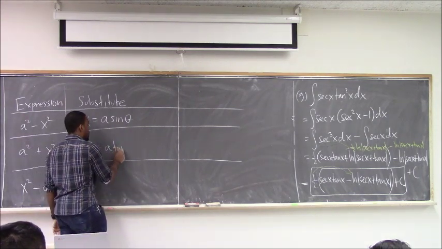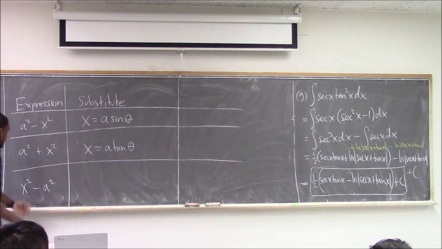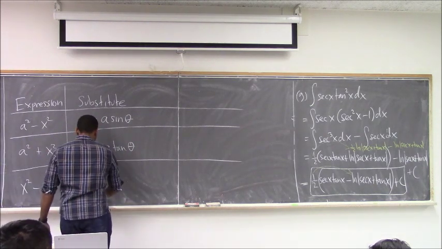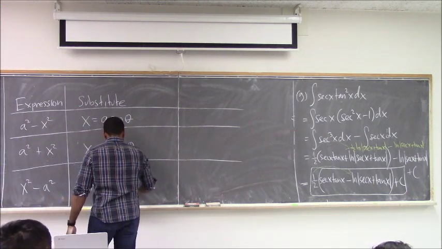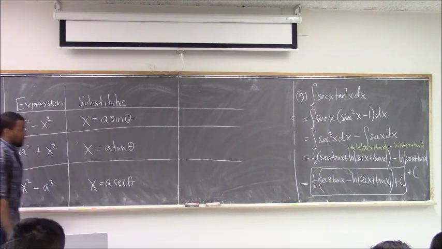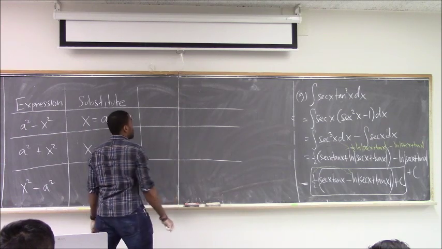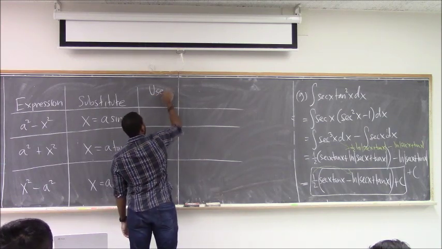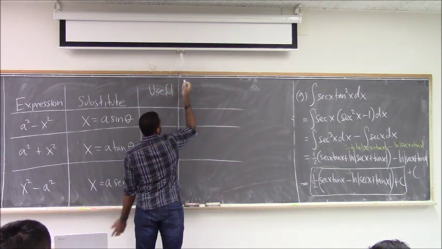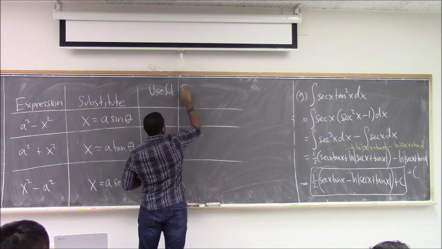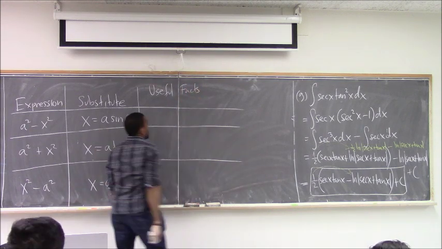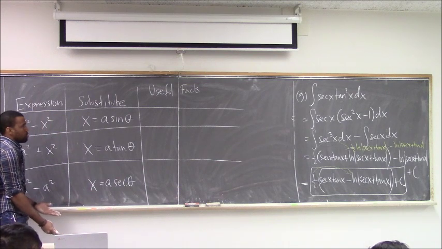Substitute a tangent theta. And in this case, let the x behave like a secant. Substitute x equals a secant theta. Okay. Now, once you actually do these substitutions, certain things become useful. Useful facts, I guess. And again here, not very groundbreaking.